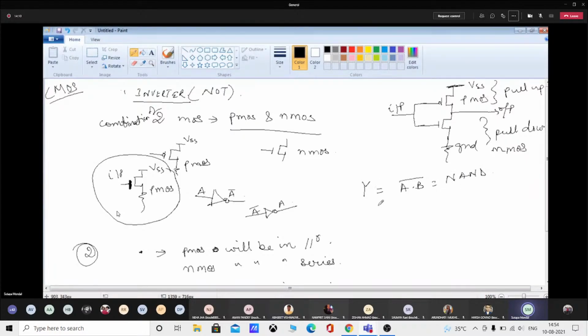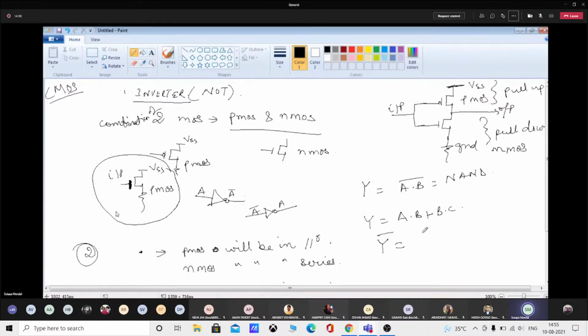Okay. Suppose in the question it is written Y equals A dot B plus B dot C. Okay. So when this type of question comes and you have to realize it using CMOS, what you will do at the first step is change it into bar.